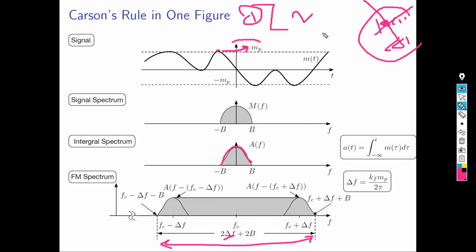Why? If we are using the same parameters, what determines which bandwidth is larger is the maximum amplitude of the signal. So let's say both signals have the same bandwidth, 2b. In that case, what determines which bandwidth is larger is only the signal amplitude.